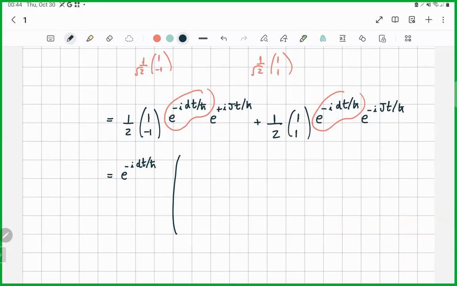The top line has the exponential of i J t over h bar plus the exponential of minus i J t over h bar, all that divided by 2. Stare a little bit at this. See if this is familiar to you. Now, the second line, we have that minus sign. So I have minus the exponential of plus i J t over h bar. The next one is plus.